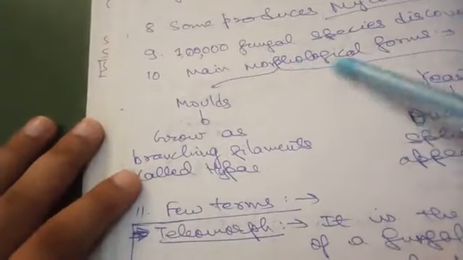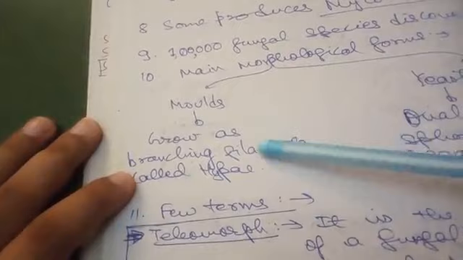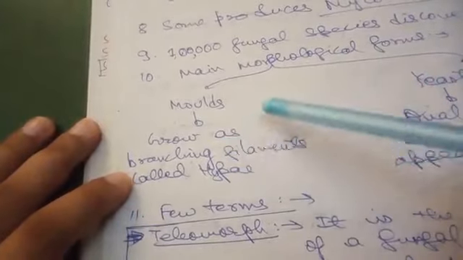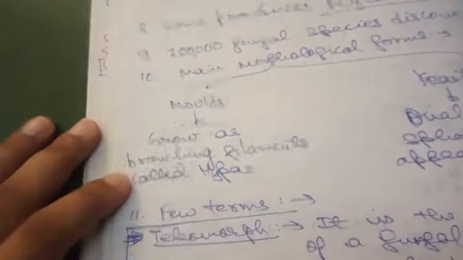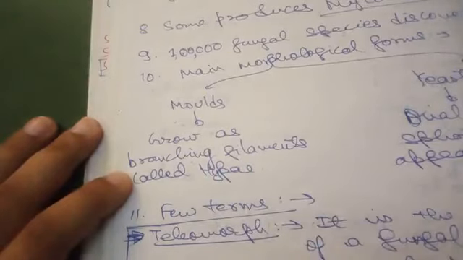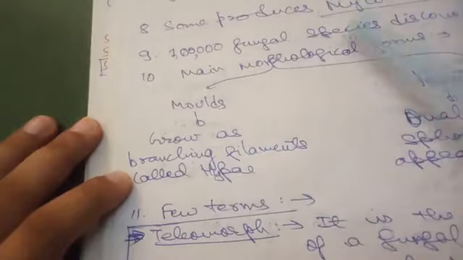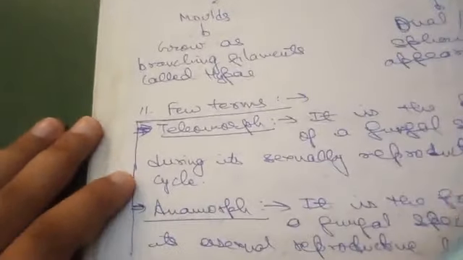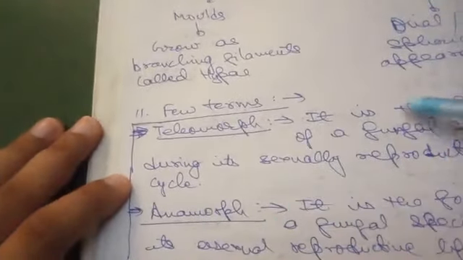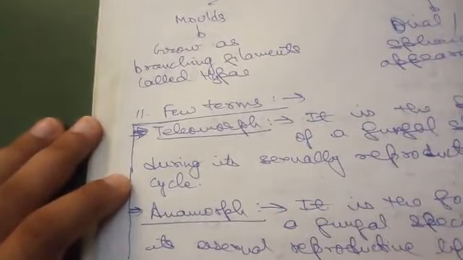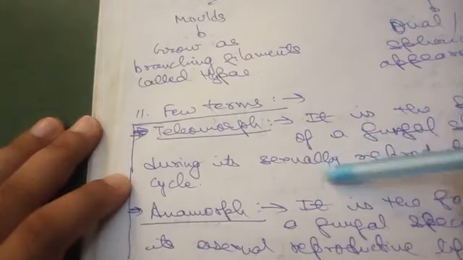Now the main morphological forms: there are two main morphological forms of fungus, mold and yeast. Mold grows as branching filaments called hyphae, and yeast has an oval or spherical appearance. Okay, and the network of hyphae in mold is called mycelium. Now there are two terms, teleomorph and anamorph. Teleomorph is the form of a fungal species during its sexual reproducing life cycle.